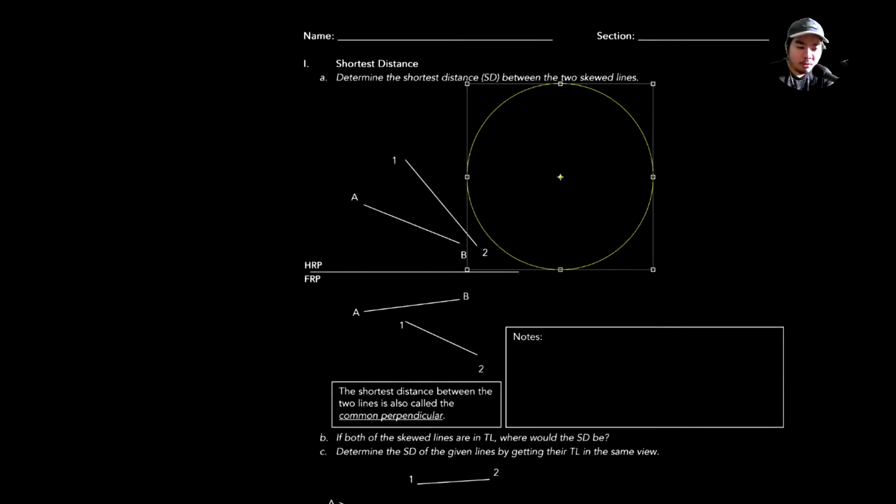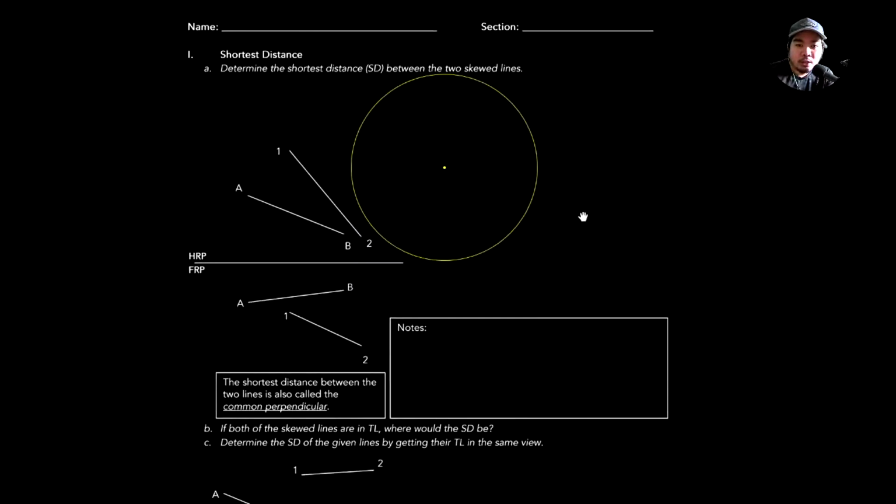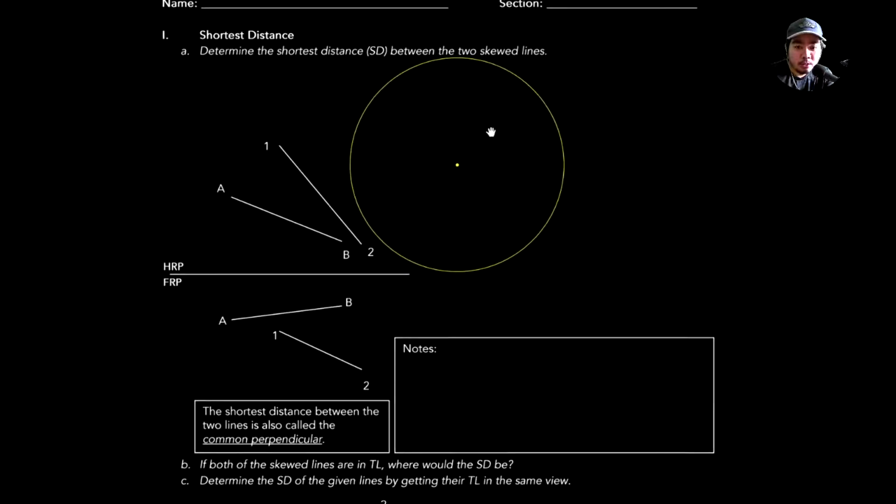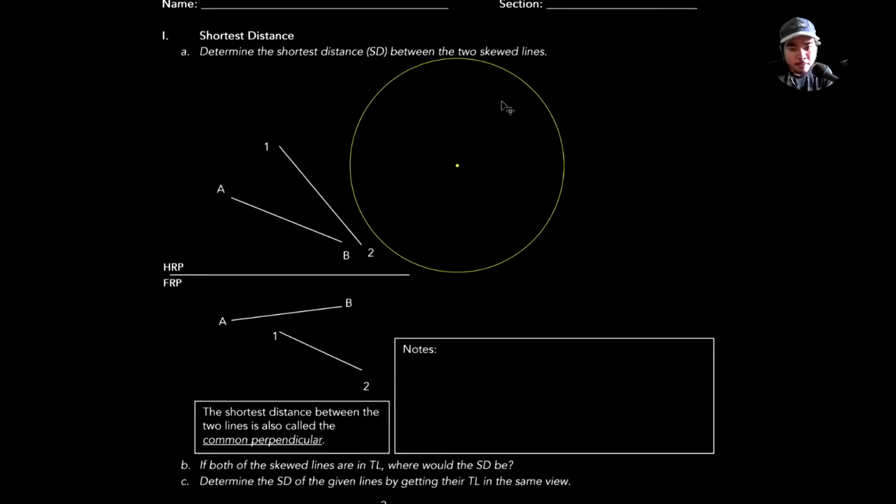Okay, thank you. So, ito lang gagawin natin for today. Isagutan lang natin yung practice worksheets doon sa module for skew lines. So again, when we talk about skew lines, there are two important elements na pwede nating makuha sa kanya.